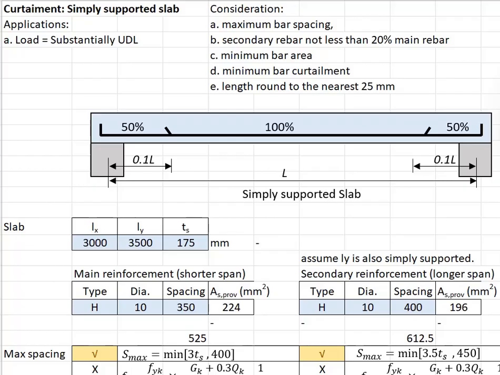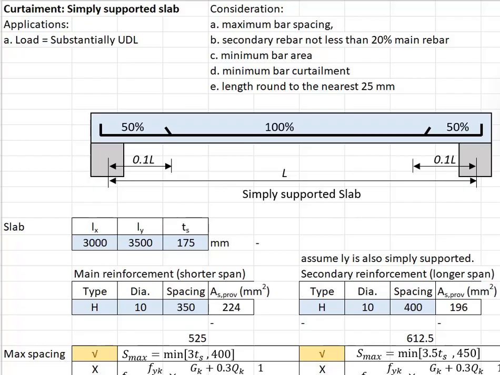Now we look into how we do the curtailment. When we want to do the curtailment, by reducing the 100% rebar into 50% rebar, you can simply double the spacing, like what we did in our previous example. That means for every 2 bars, you curtail one of the bars alternately at this location.